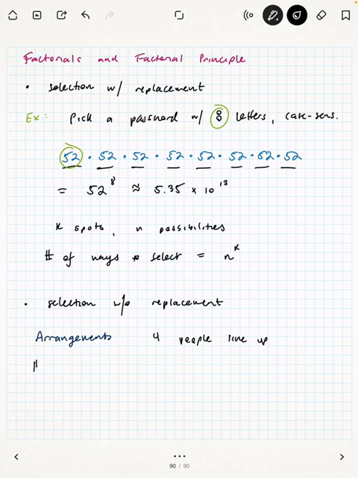Well, you can think about it just as we did before, where we have 4 spots. For the first one, we have 4 possibilities because there's 4 people. So any one of them can be selected for the first one. For the second spot, we now have 3 because someone's already in the first spot. So we have 3 now. The next one down, now we only have 2 because we've already set aside 2 people.